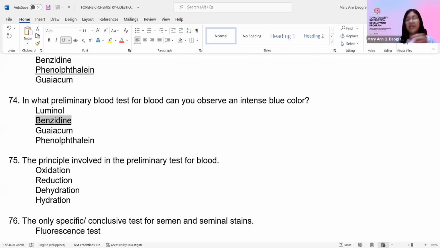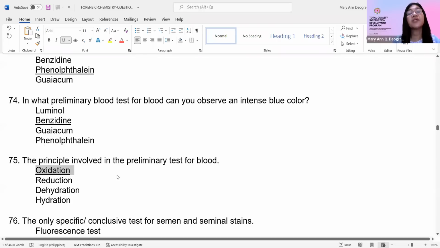Okay, number 75. What is the answer in number 75? Tingnan natin kung tama yung sagot. Okay, letter A. Ayan. The principle involved in the preliminary test for blood is oxidation. So, bakit oxidation? Remember our procedure here, it's always the addition of hydrogen peroxide.